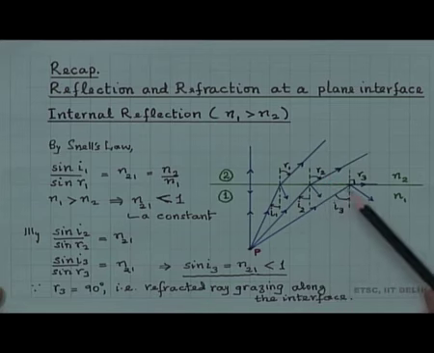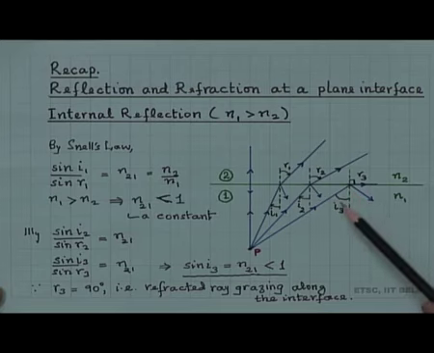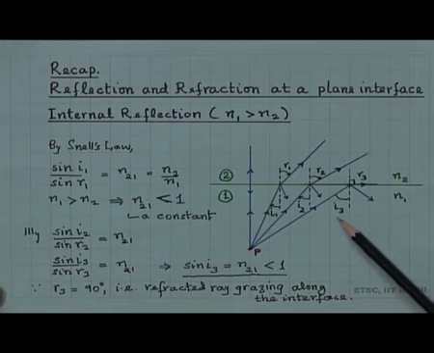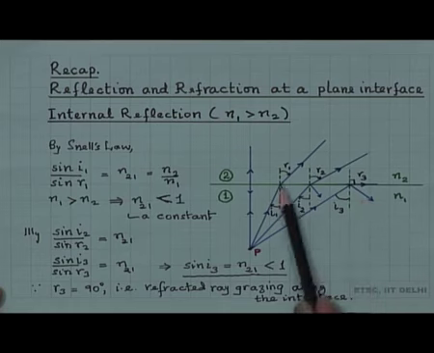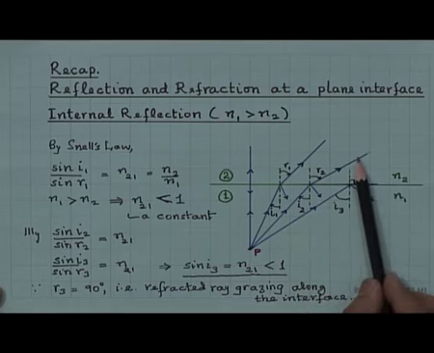If I increase the angle of incidence to a value I3, then R3 would just graze along the interface. Every time a part of the light is reflected and a part of the light is transmitted.